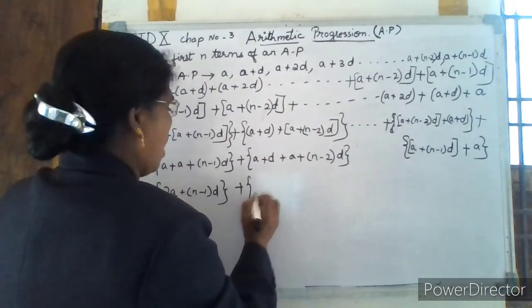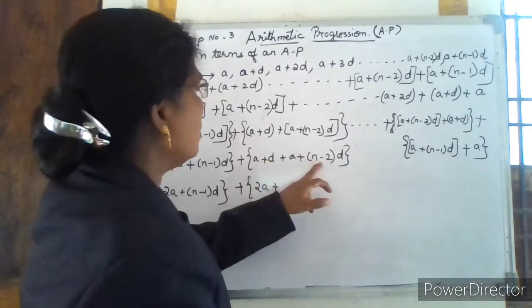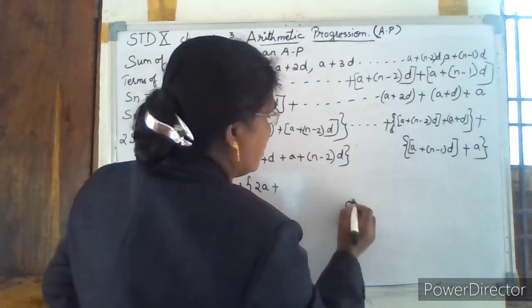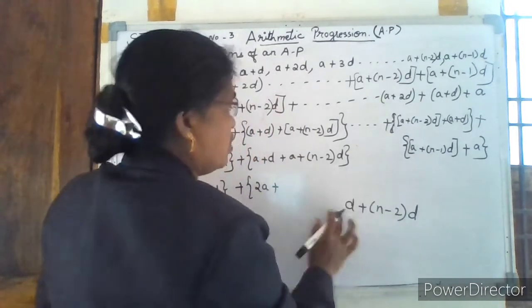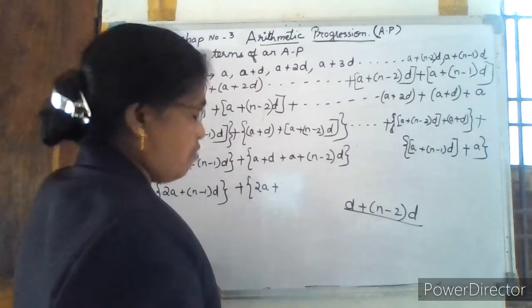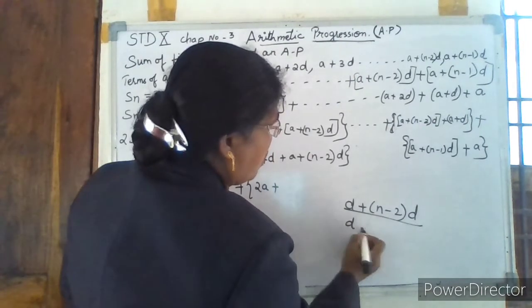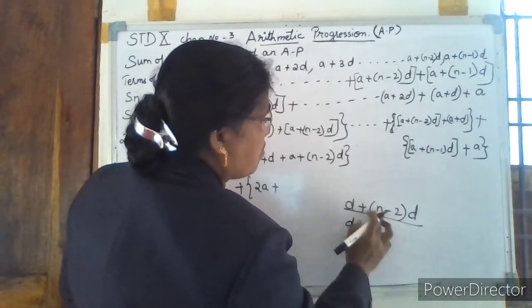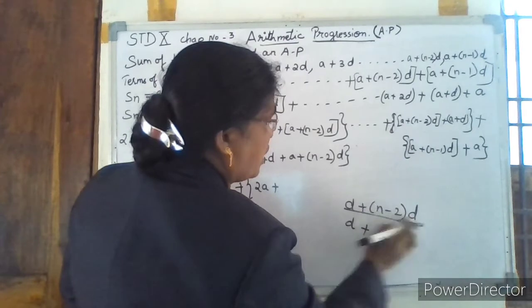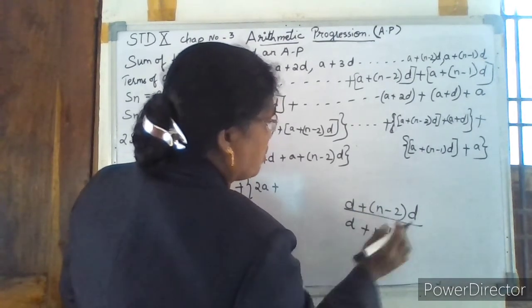Then plus, here see, this d and plus n minus 2 into d. These are similar terms. We can add them. How will we add? This d plus, multiply this bracket by d. It will be plus, d into n is nd. Then plus into minus is minus, 2 into d will give 2d.